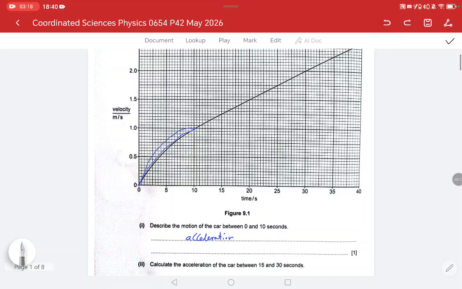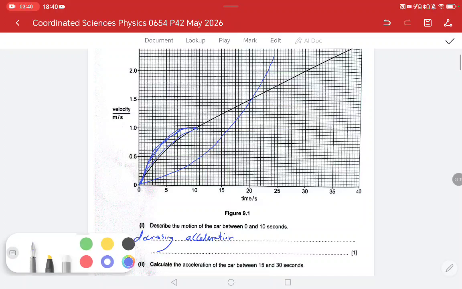But if it's a curve like this, in this case this is decreasing acceleration. But if this curve was something like this, then this one is increasing acceleration.